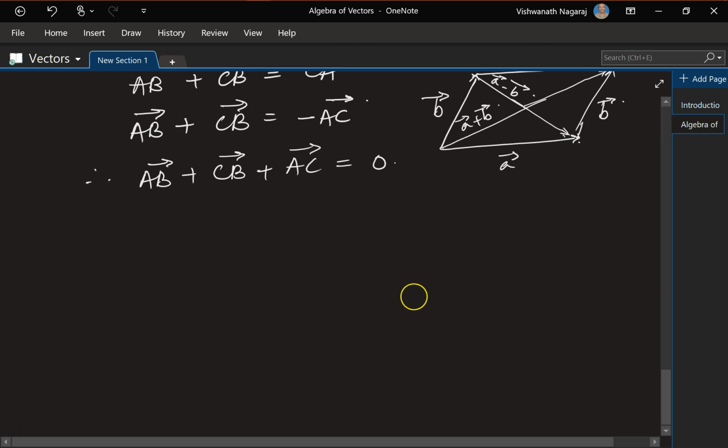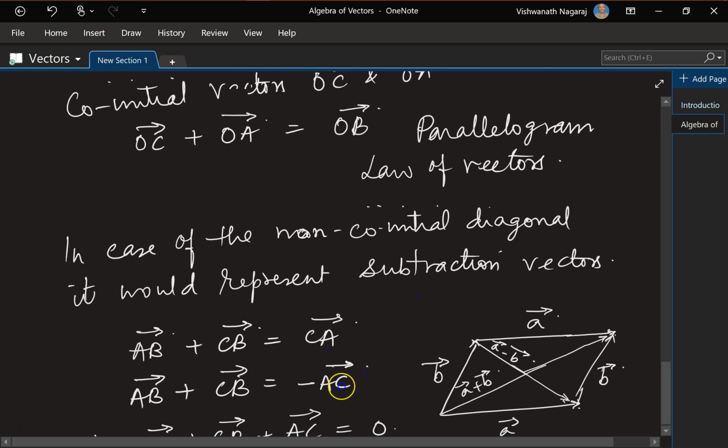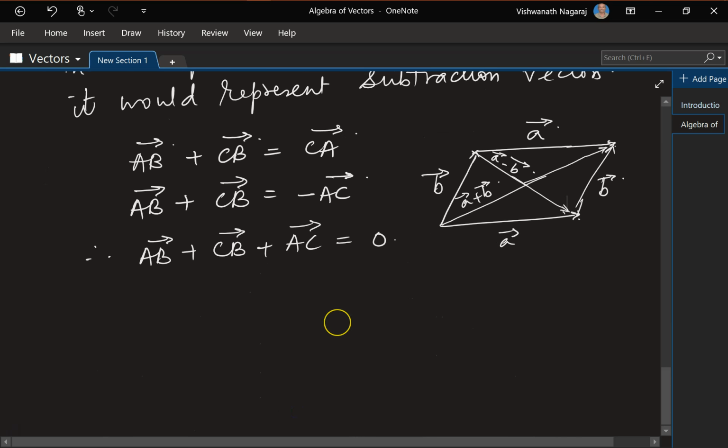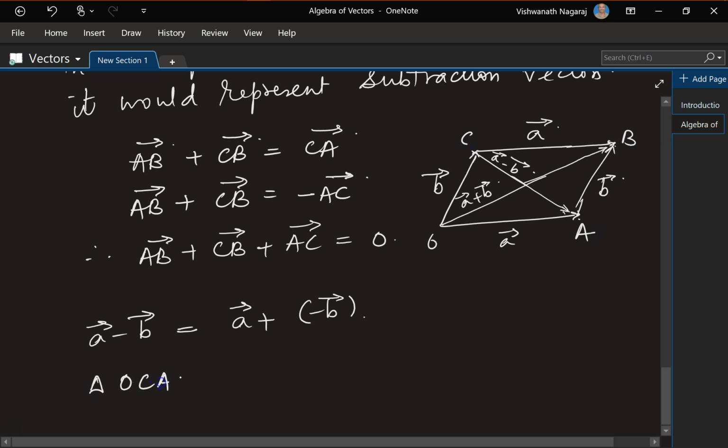Okay, so this is one aspect of addition of vectors. Another aspect would be A minus B can be written as A plus minus B. Yes, so let's say this is O, A, B, C. So in triangle OCA, OA is equal to OC plus CA.